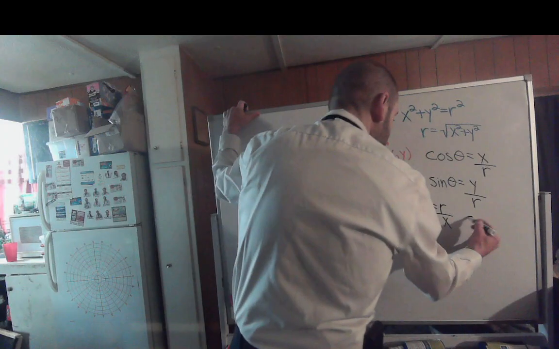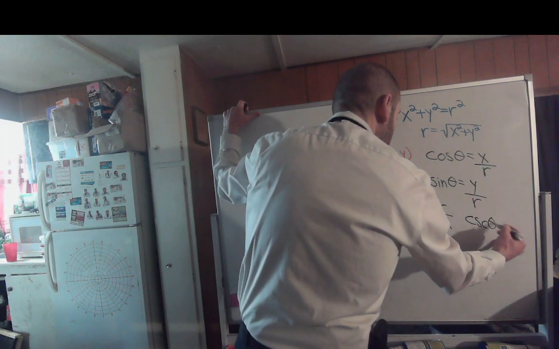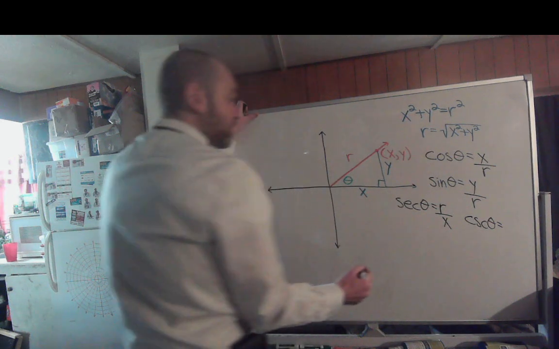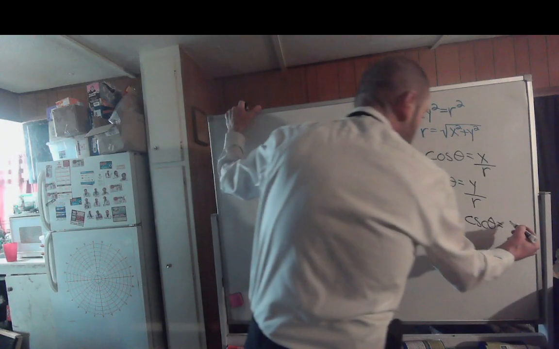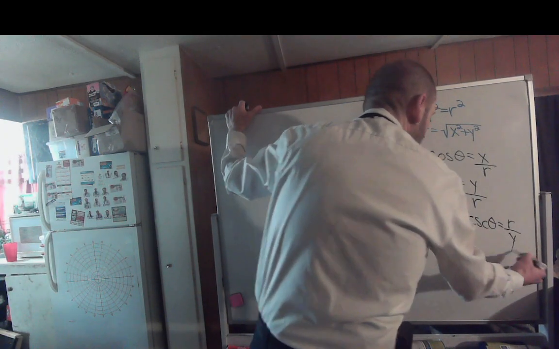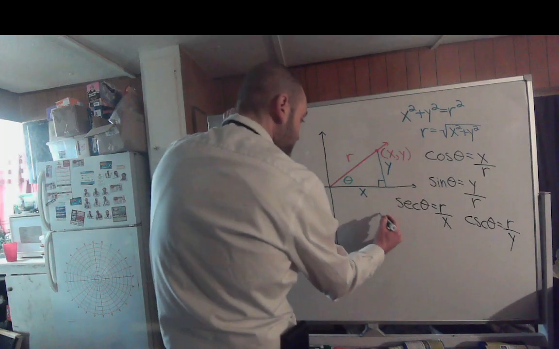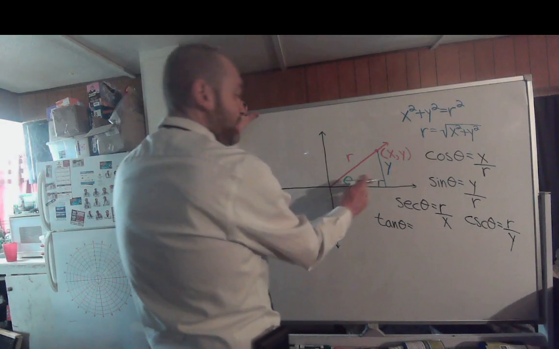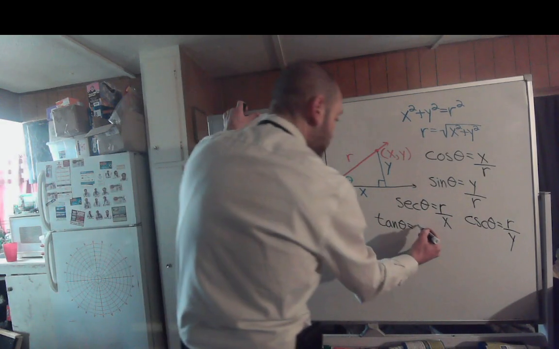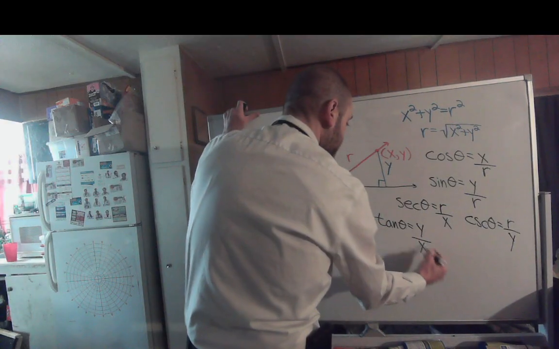And then your cosecant of theta would be the reciprocal of sine. The reciprocal of y over r is r over y. And then you have the tangent of theta, which is opposite over adjacent. That'd be y over x.